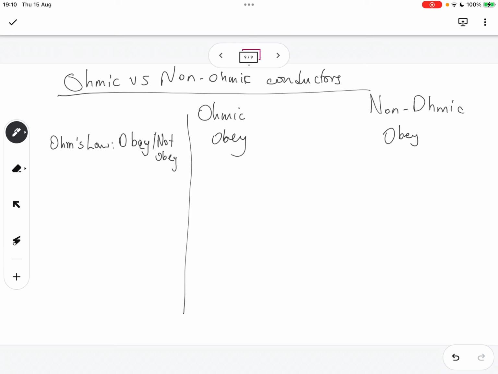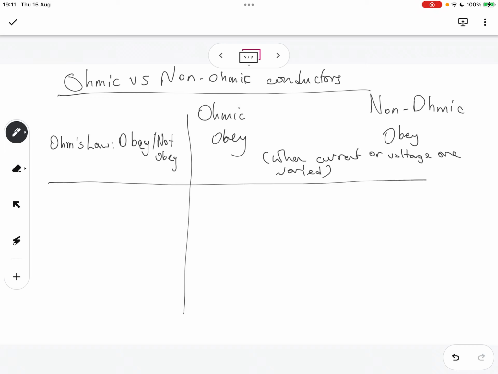But this is specific to when current or voltage are varied, right?